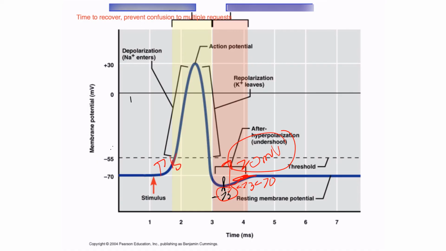Assuming that we're at negative 75, you would have to get enough sodium ions into the hillock region to drive the interior up by 20 millivolts, from negative 75 to negative 55. During a normal circumstance, you would only need to drive the interior up 15 millivolts, negative 70 to negative 55.